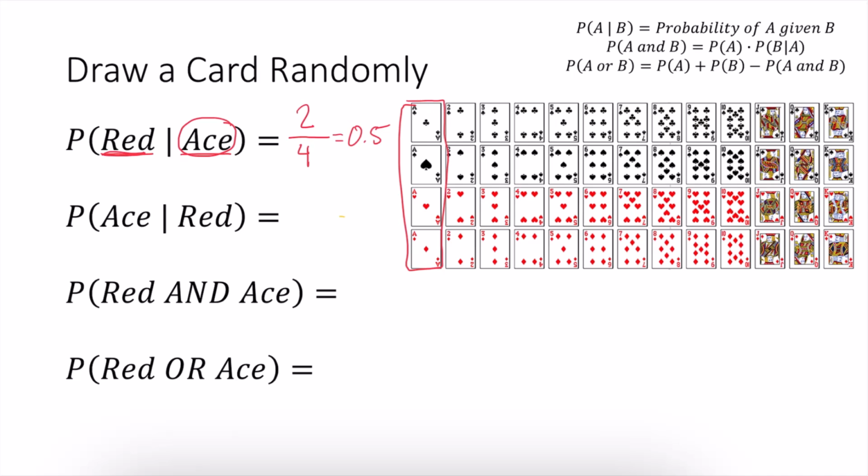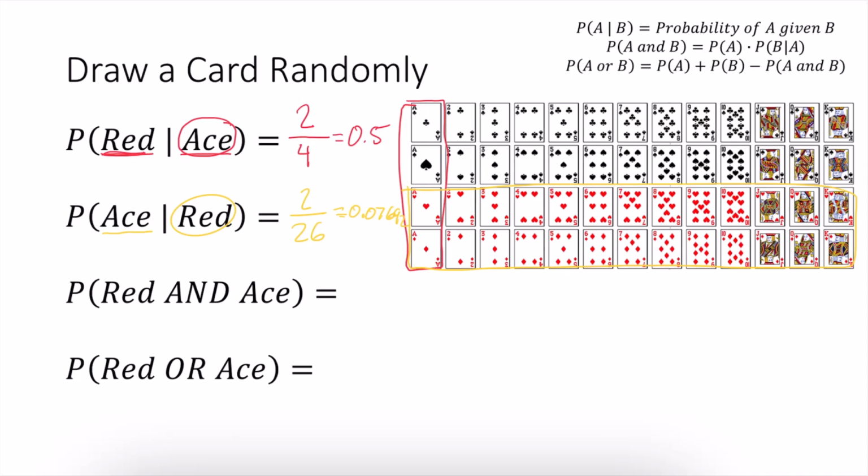The order that you write this in matters, because if you were to find the probability of choosing an ace given that you choose a red card, in this case, the red cards that you're assuming you're drawing from are 26 possible outcomes, and only 2 of those are aces. So you would have 2 out of 26, which in decimal form would be 0.07692.